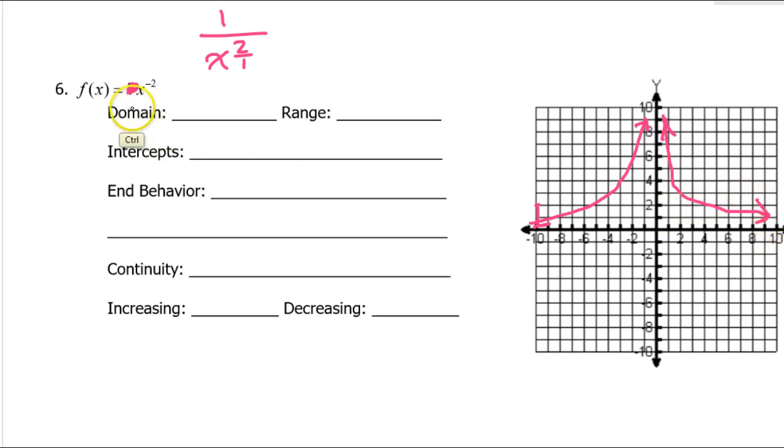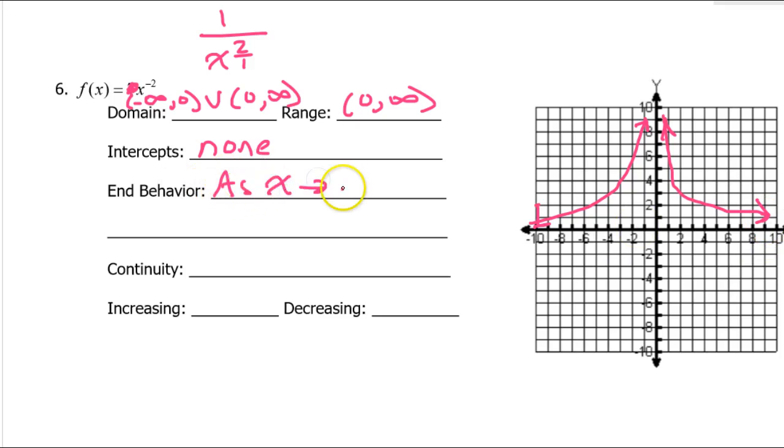So the domain is going to be negative infinity to 0, union 0 to infinity. The range is going to be from 0 to infinity. There are no x-intercepts or y-intercepts. On the left it approaches 0, on the right it approaches 0. So as x approaches negative infinity, f of x approaches 0.